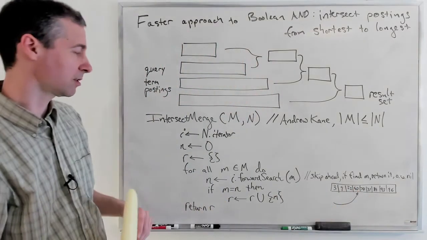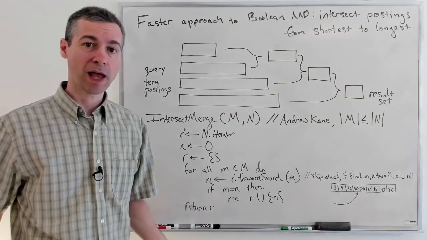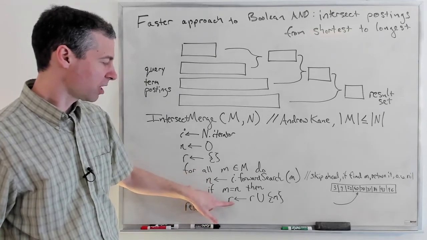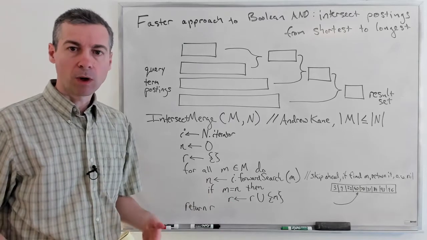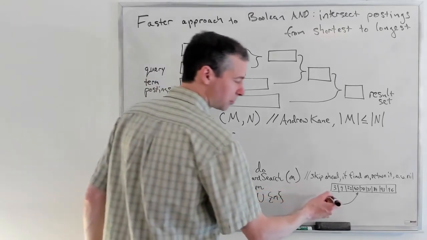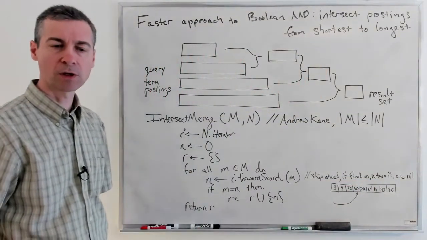Nope, I don't have a 60, and so it doesn't add it. So basically what ends up happening is we do very little changes to the result set. What we end up doing is spending most of our time simply racing on down these lists, skipping over things.